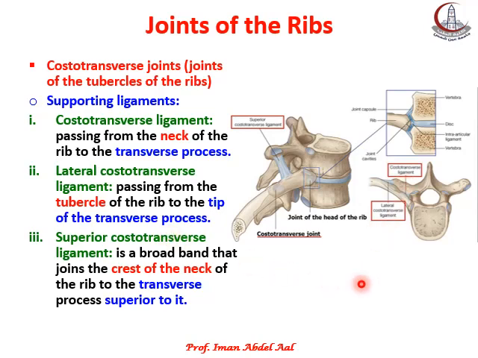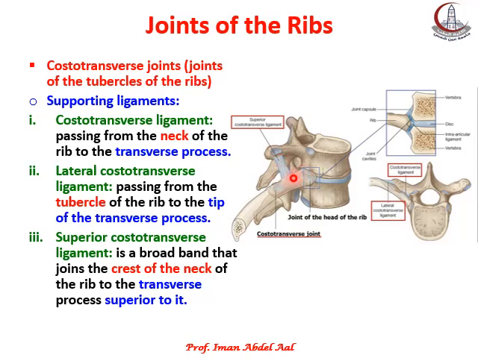The lateral costotransverse ligament, here, passes between the tubercle and the tip of the transverse process. The superior costotransverse ligament, this one, is a broad ligament.